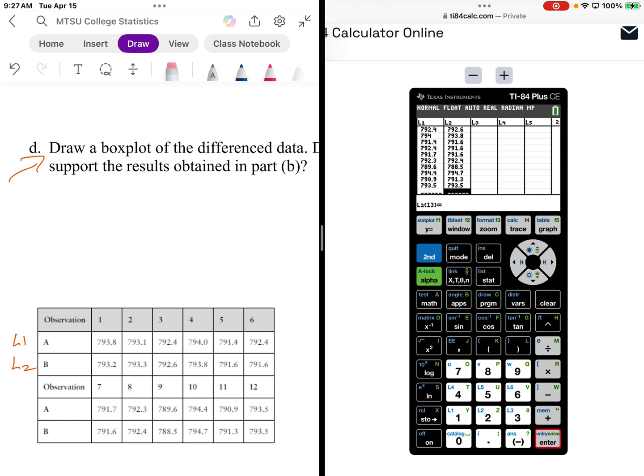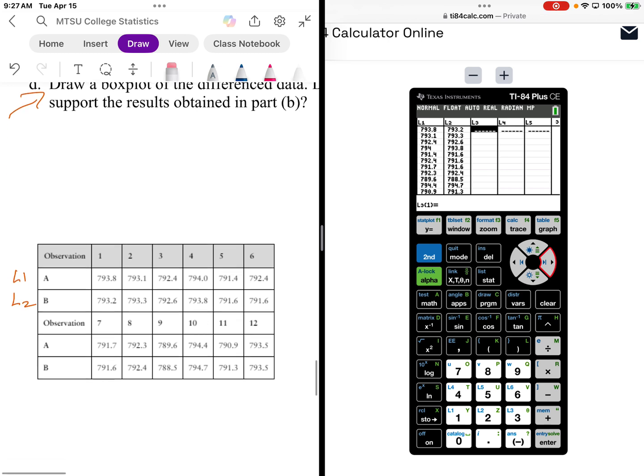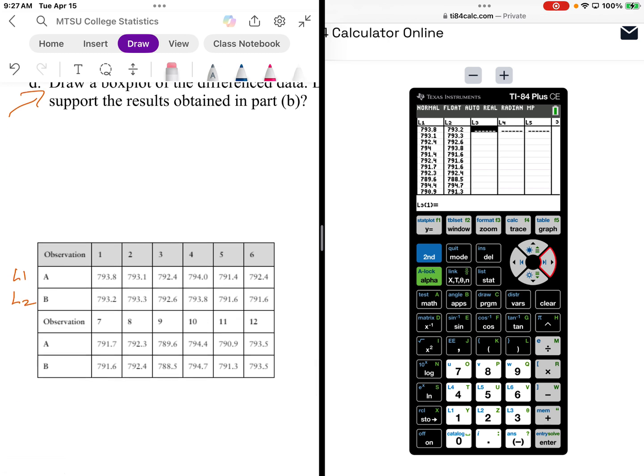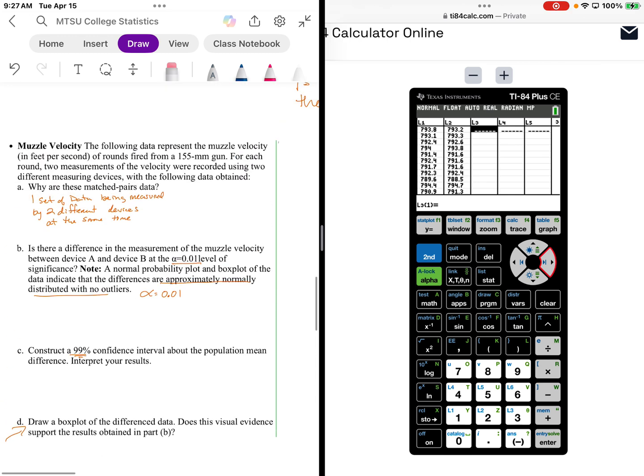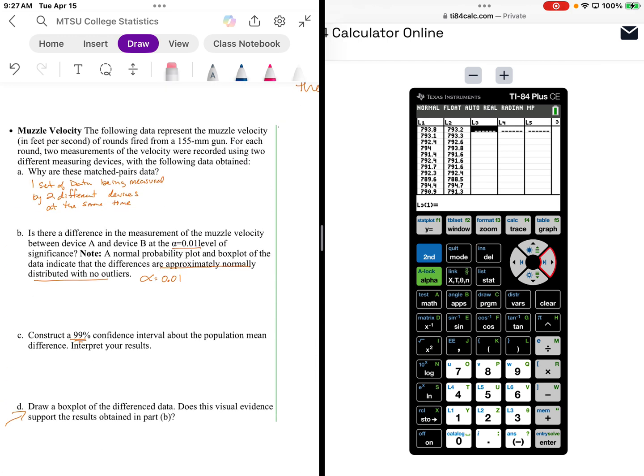All right. So I got my stuff in L1 and L2, and then in L3, I'm going to set it up to where it does L1 minus L2. I'm going to double check, is that the way they want me to? Is there a difference between A and B?